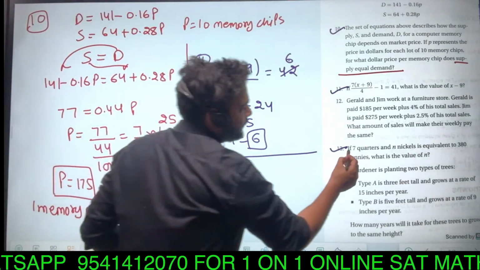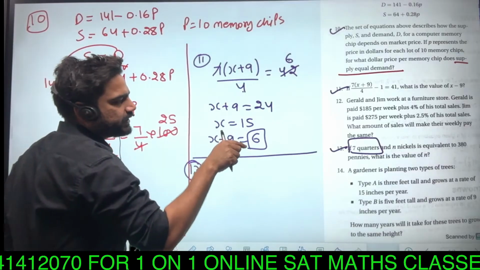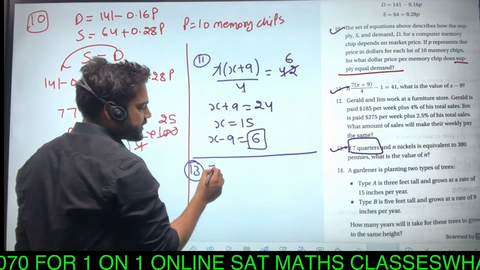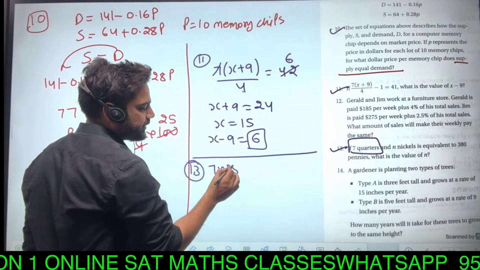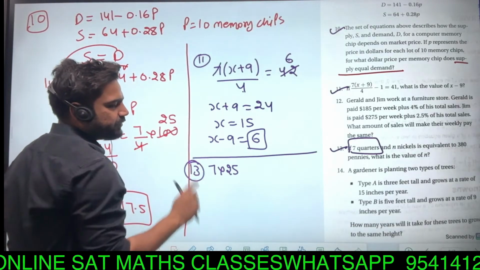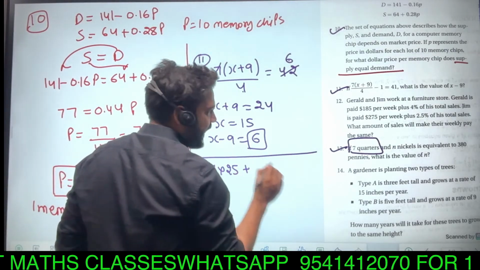We will convert every term into pennies. In 1 quarter we have 25 pennies, so if we multiply 7 by 25, we have converted quarters into pennies, plus n nickels.